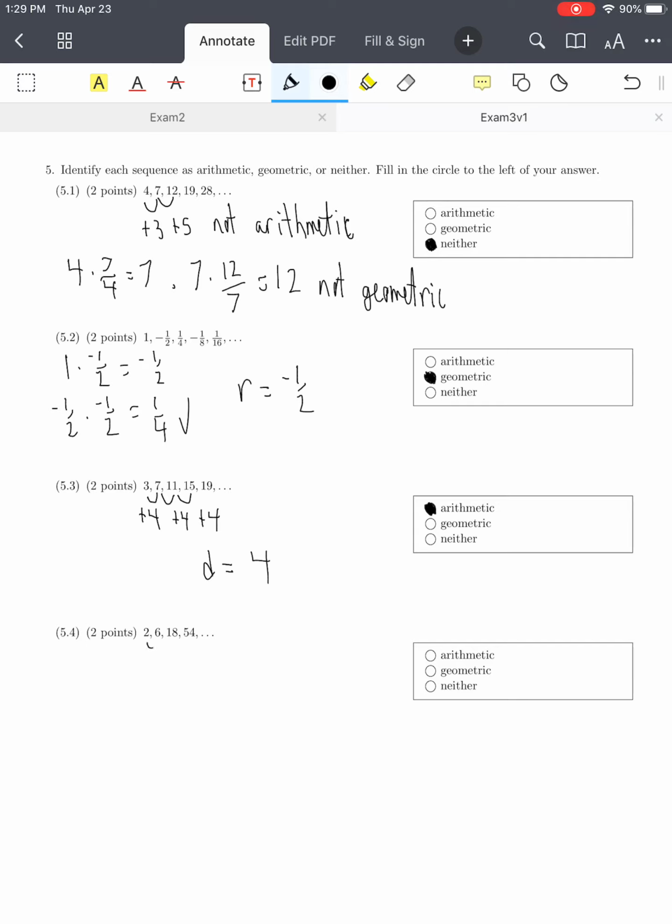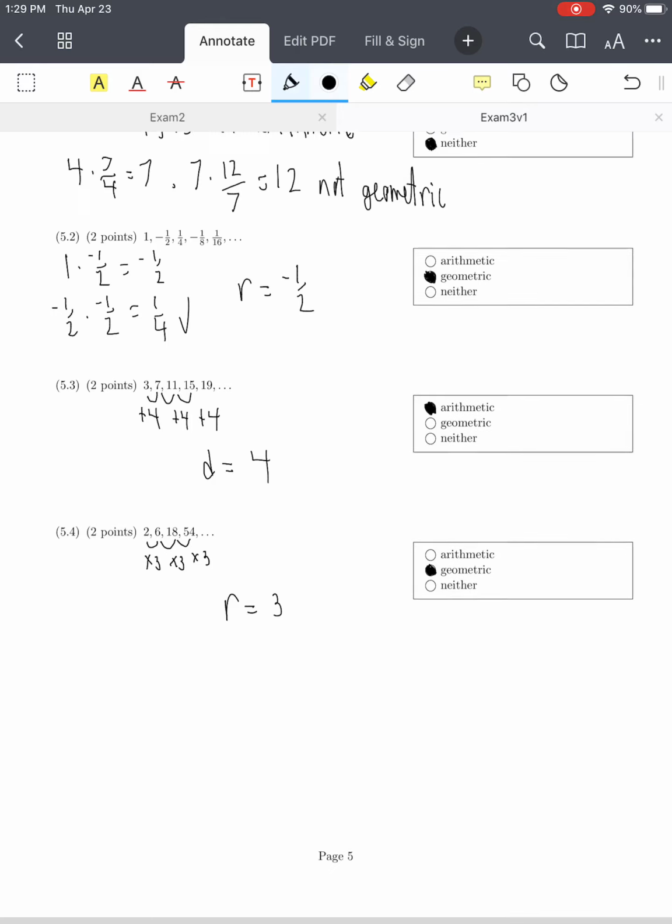Or we can say 2 to 6 is times 3, 6 to 18 is times 3, 18 to 54 is also times 3. So that one's geometric. The common ratio is 3.